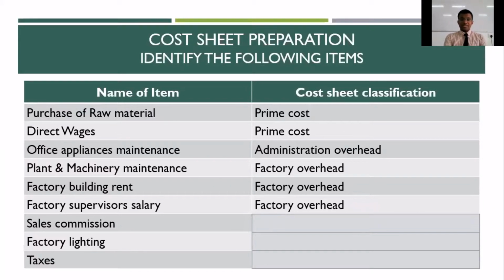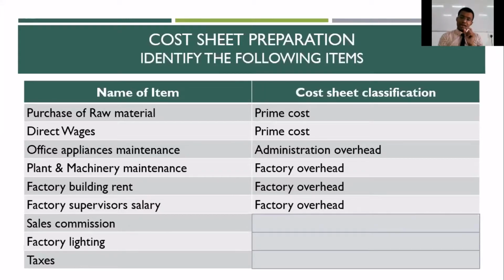Now, okay, so next one, sales commission. Now, what would happen is when your sales people carry out the sales activity, it may be necessary that you may have to pay them an incentive. Okay, this is an incentive that you will have to pay them.